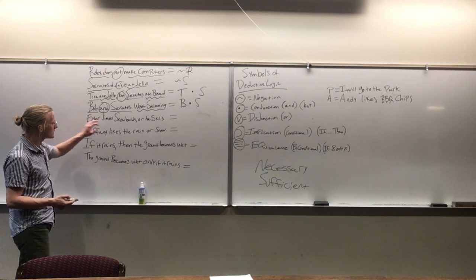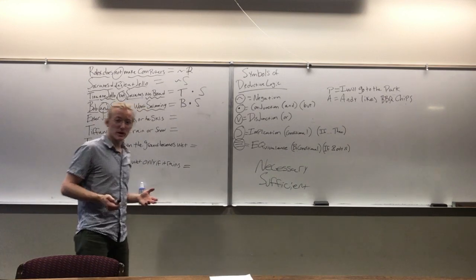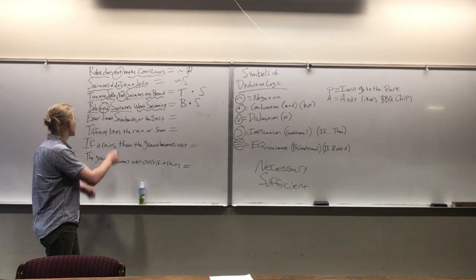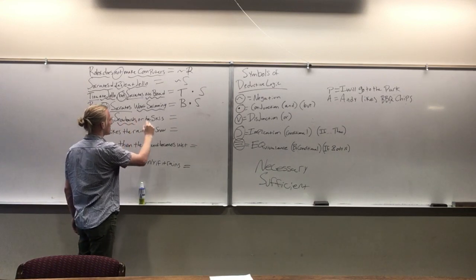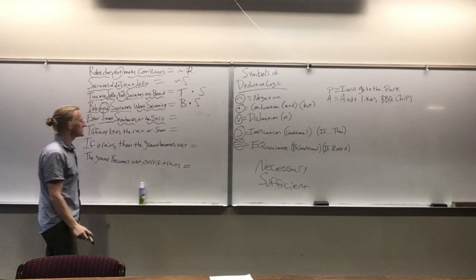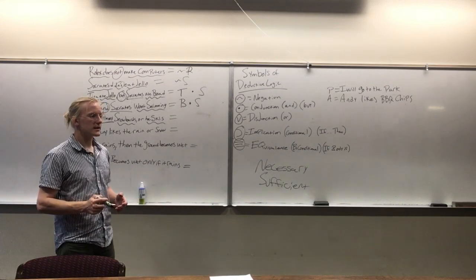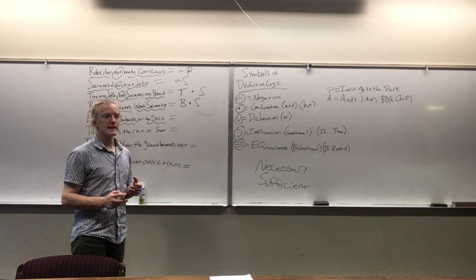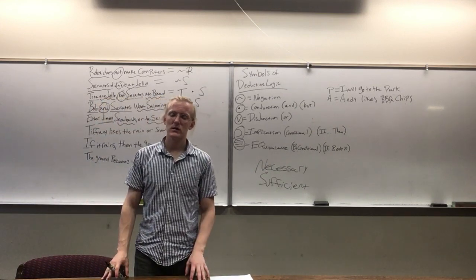Either Jimmy snowboards or he skis. So this one again is a little bit weird because we have one subject and two predicates. Jimmy snowboards, Jimmy skis. It's also a little weird with how you choose variables to represent things.